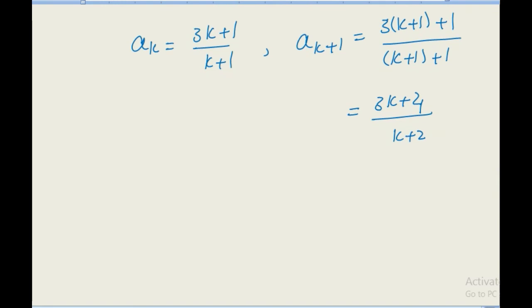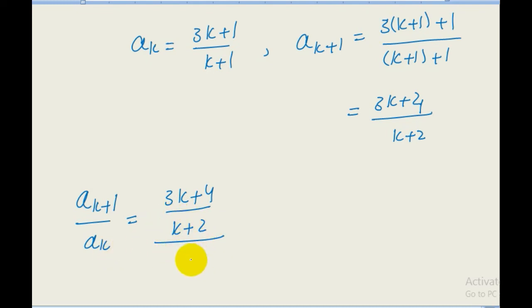Now we first check whether this series is decreasing or not. For this, ak plus 1 upon ak is equal to 3k plus 4 upon k plus 2, upon ak. The value of ak is 3k plus 1 upon k plus 1.